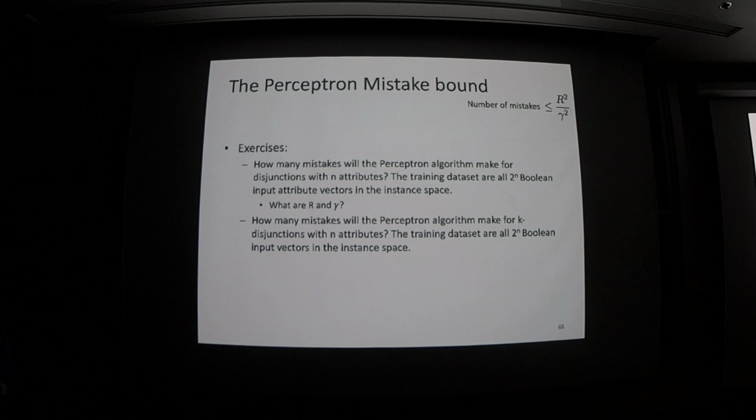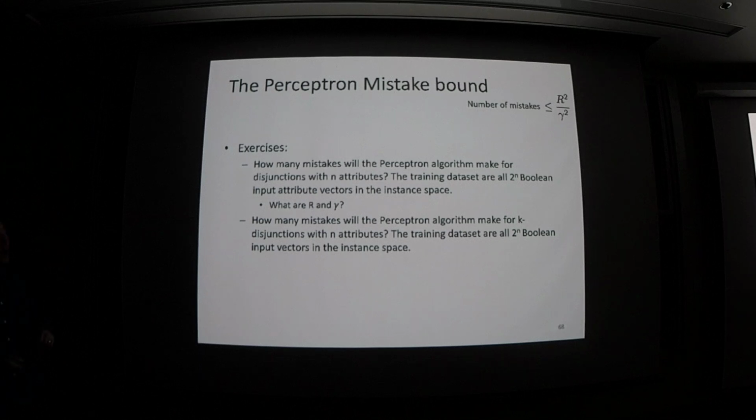The first exercise: how many mistakes will the perceptron algorithm make to learn a classifier for a disjunction with n attributes? Of course, each attribute is Boolean. The training data set we assume consists of all 2 to the power of n Boolean input attribute vectors in the instance space.